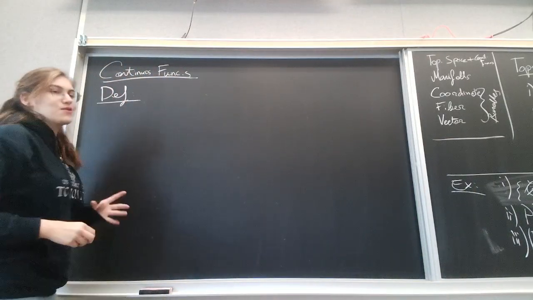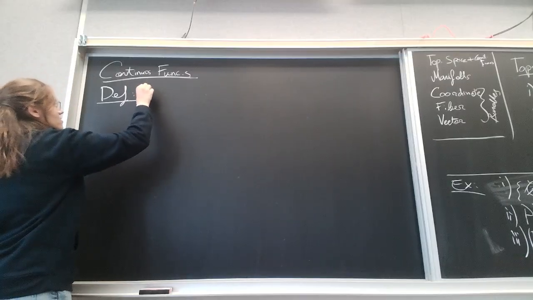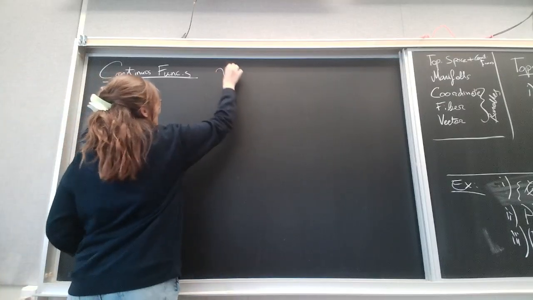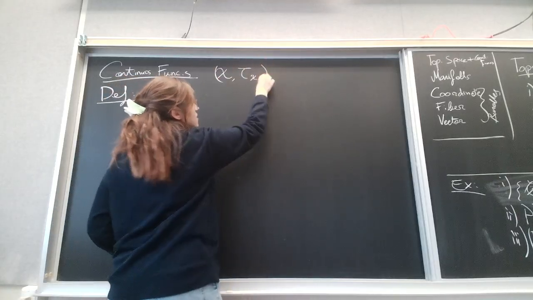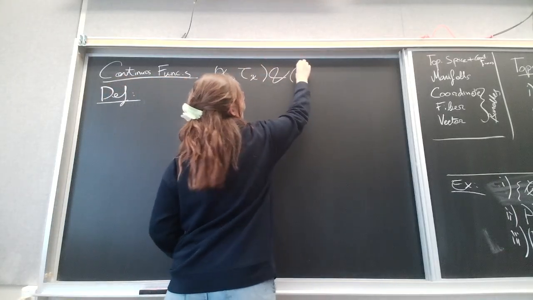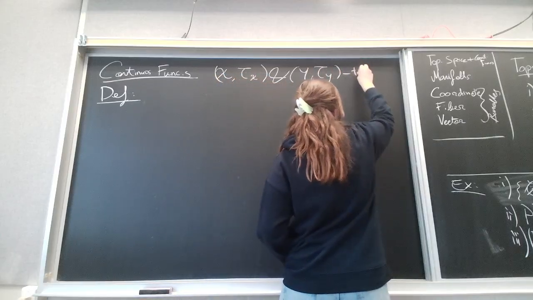Okay, I'm going to give this one right away. So let's assume (X, τ_X) and (Y, τ_Y) are topological spaces.